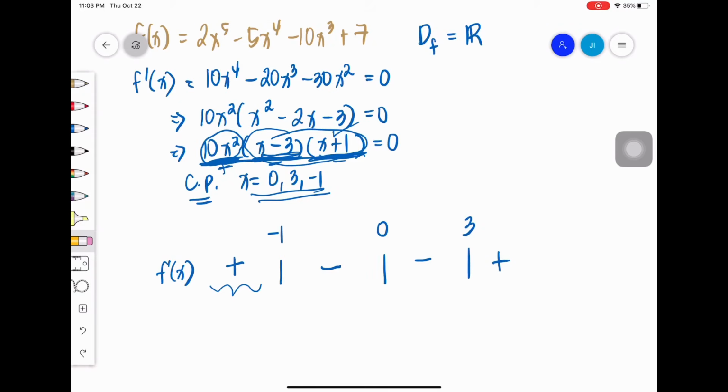So from this table, we can now conclude on which intervals is f increasing and which intervals is f decreasing. And then we can use the first derivative test to determine at which values of x the function f will have a relative extrema.